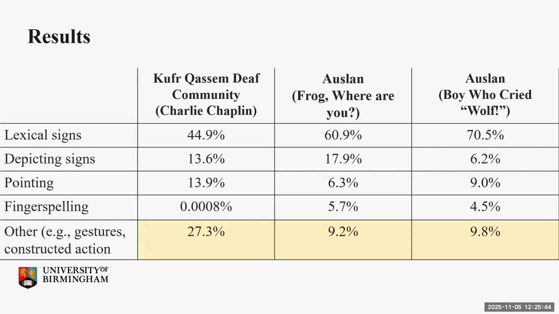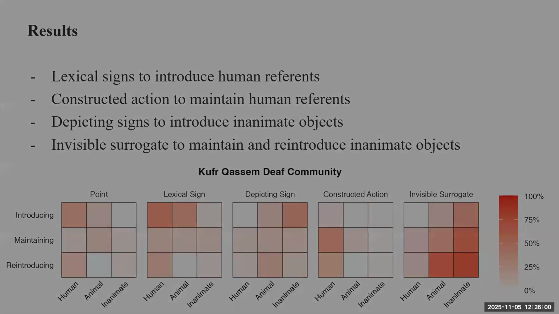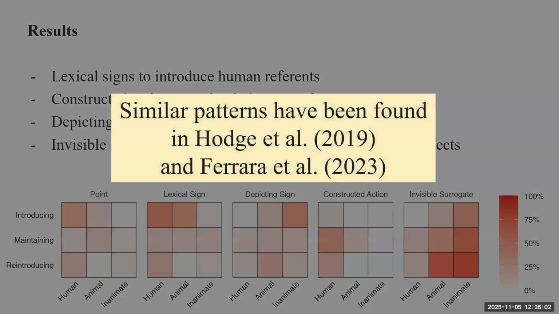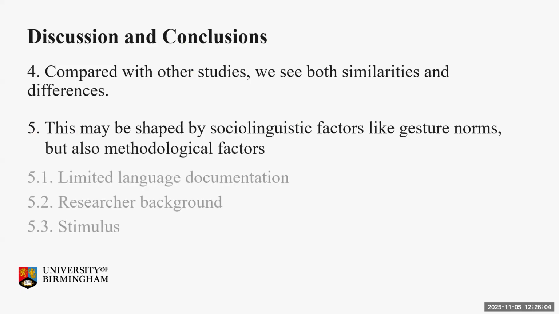And actually, in a very recent study, published a couple of weeks ago, I think, on Finnish Sign Language, they also found that with video stimulus, people use more constructed action. So that could be linked to the methodology and not necessarily to the relationship between social ecology and language use.